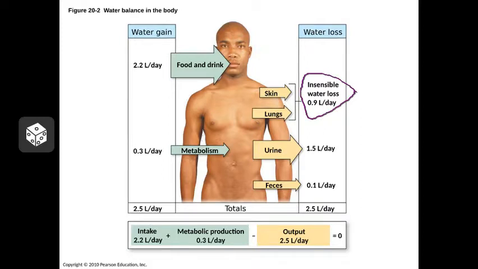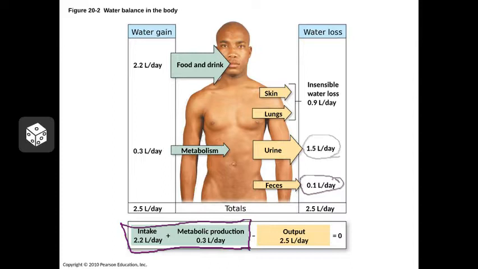Insensible water loss is sweating and exhaling water vapor when you breathe out. Urine output is water loss, and feces has water in it. And if you notice, we have our intake and metabolic production. We subtract our output, and we have our mass balance of water.